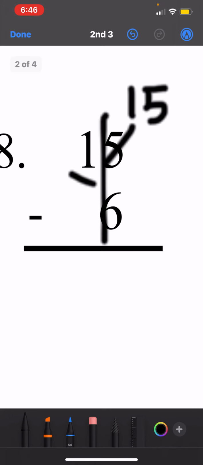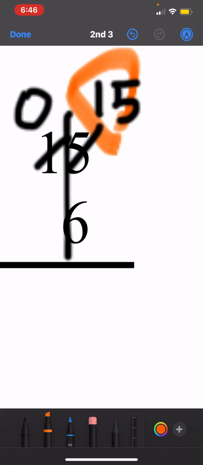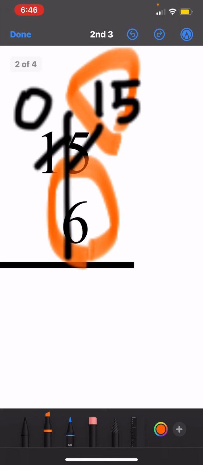And now we're going to go to the second one. The second one, we're going to subtract by 1. 1 minus 1 equals 0. So 1 is going to become a 0. Now we're going to take 15 and 6 and subtract it.